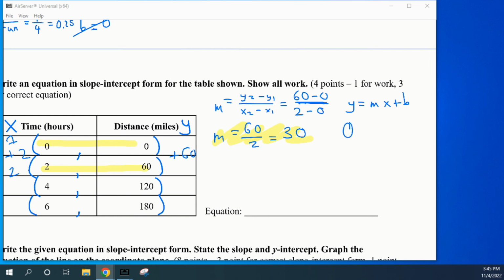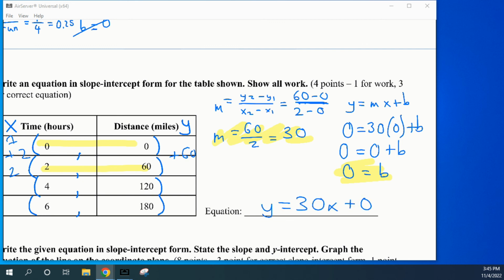When I plug in a 0 for y, plug in my slope of 30 for m, and a 0 for x, 0 is on the left side. 30 times 0 is 0. So really, you just found your y-intercept. So you don't even need to plug the y-intercept back into the equation. So your y-intercept here is 0. So the equation is going to be y equals 30x plus 0, or 30x.